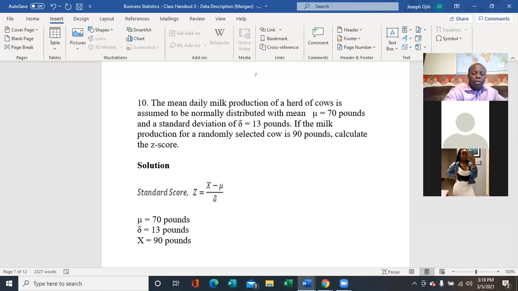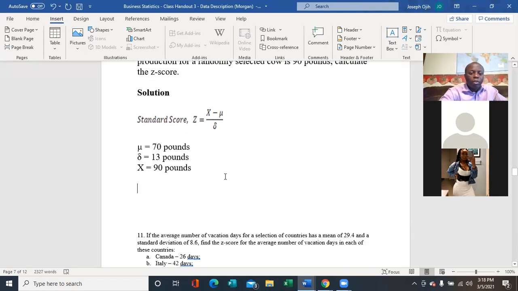So the z-score becomes z equals x minus the mean over the standard deviation, which is 90 pounds minus 70, divided by 13.